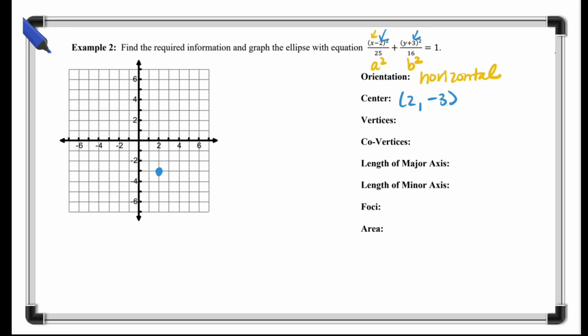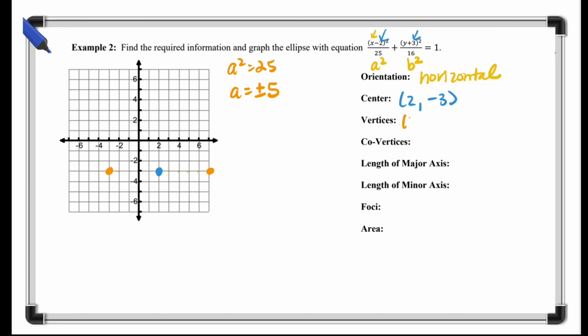My vertices, here we go. We are looking at our a value, which is going to be plus or minus 5. So I know it's horizontal, which means in the x direction, we got to go 5 to the right and 5 to the left.